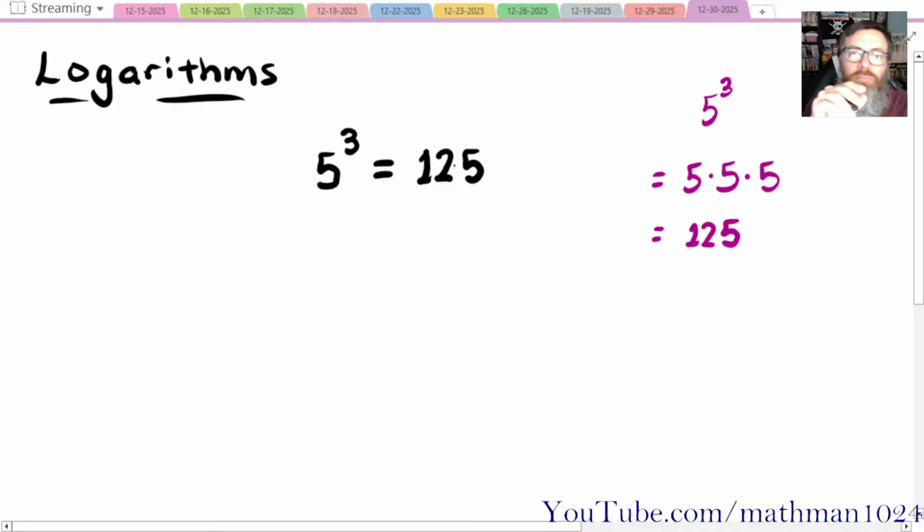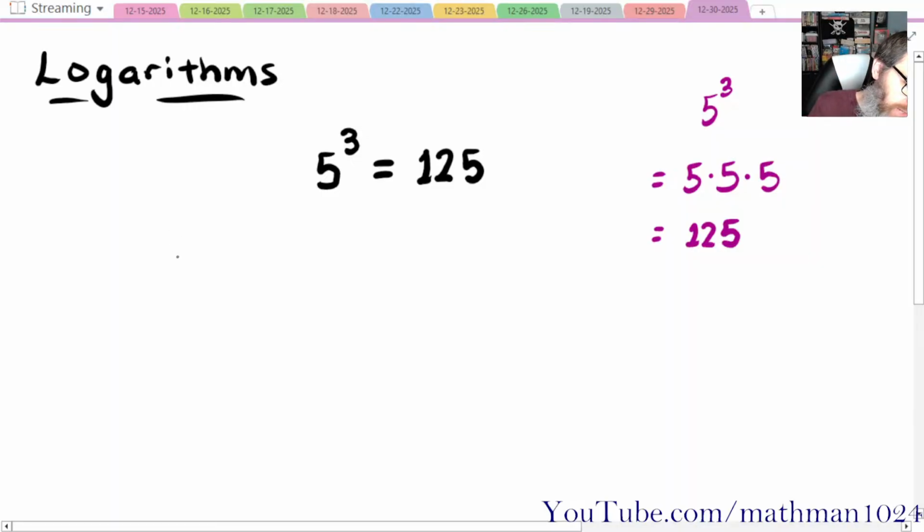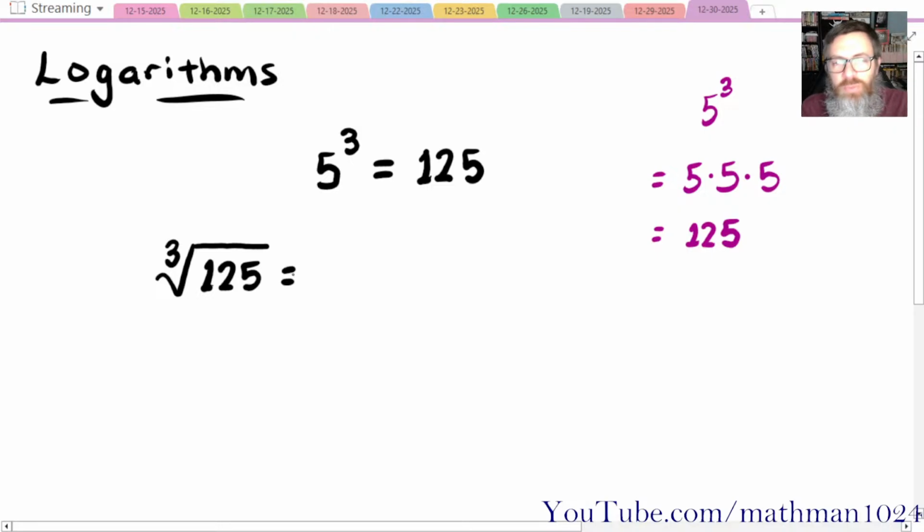Now, there is a way of looking at this expression in a slightly different way. So there are times that we talk about radicals, right? If I ask you to talk about the cube root of 125, when you first saw an expression like this, you had to learn to think about it in a backwards way, almost like you were reverse engineering the problem.